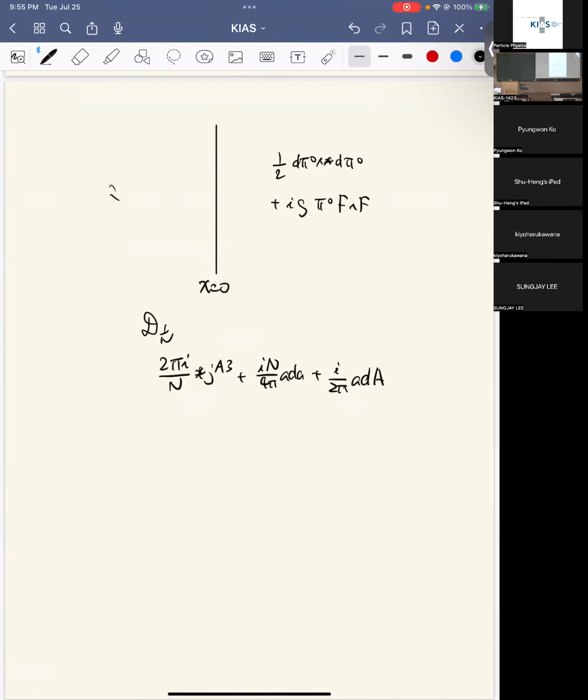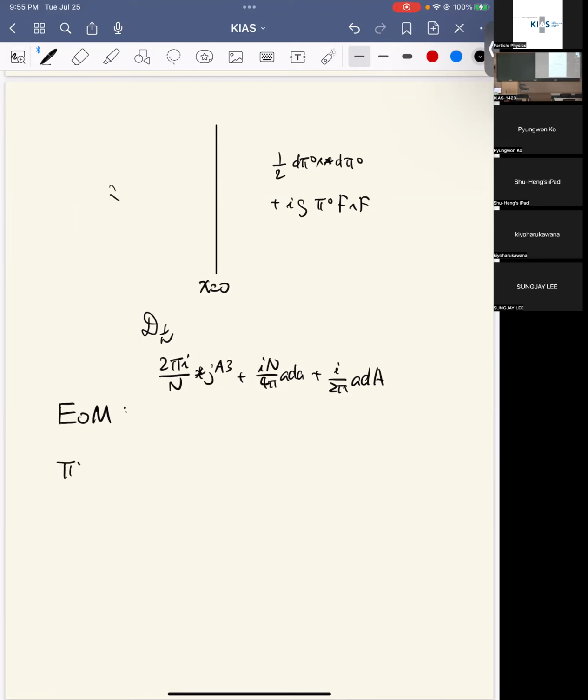In the following, I'm not going to do anything fancy. I'm just going to write down the equation of motion for the field. The equation of motion will have a bulk contribution and a boundary contribution. We're only going to care about the boundary contribution.